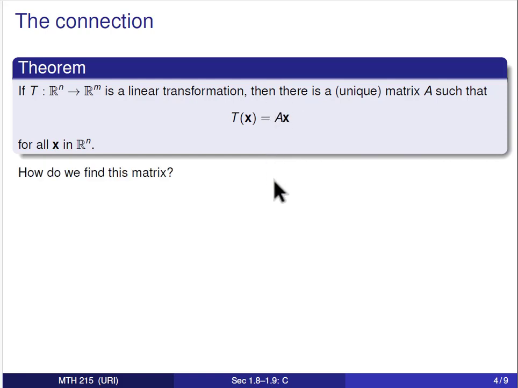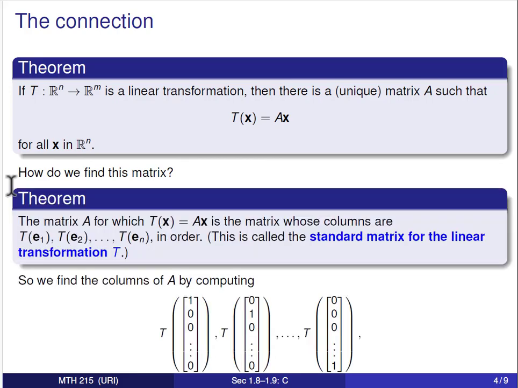The question for us now is, how do we find that matrix? We're not going to dive deep into the proof of this, but you're encouraged to read your text and see why that is. The proof will proceed by answering the second question: how do we find the matrix of a linear transformation?